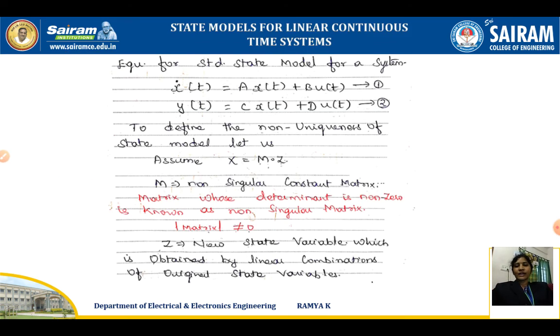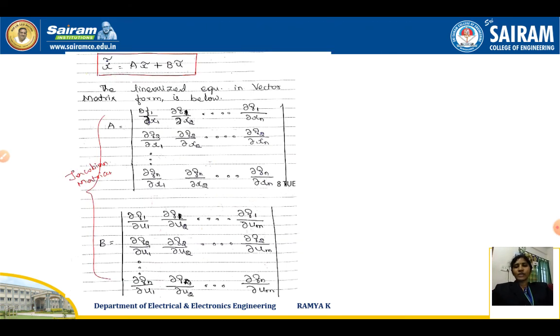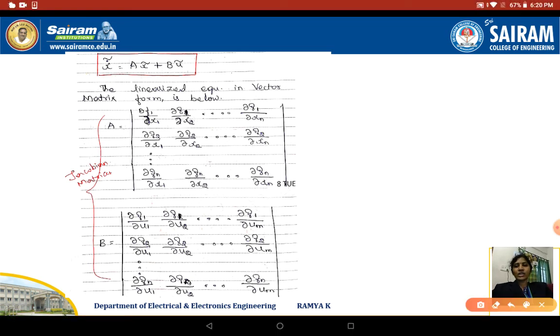Once the system is completely linearized, we can write the state equation as x dot of t equals Ax of t plus Bu of t. Therefore, the linearized vector in matrix form is written as the A matrix.